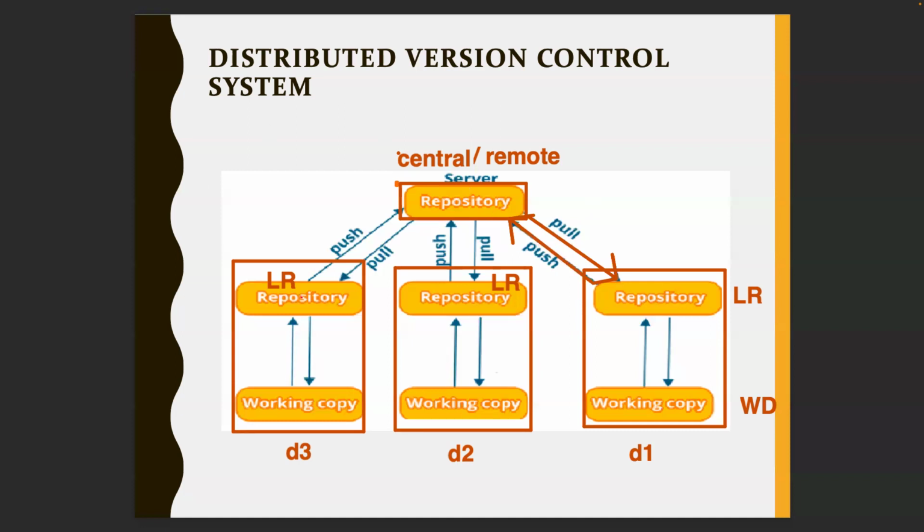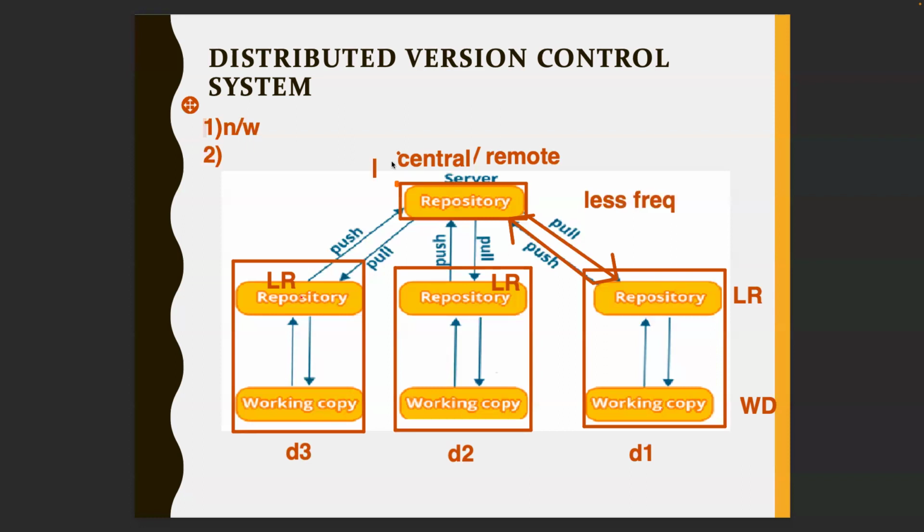And push and pull commands are less frequent, because you get a copy once, and whenever there are any updates, you will get the copy. And once your work is done, you will push it. So that drawback is overcome here. Network connectivity is required only to push or pull.